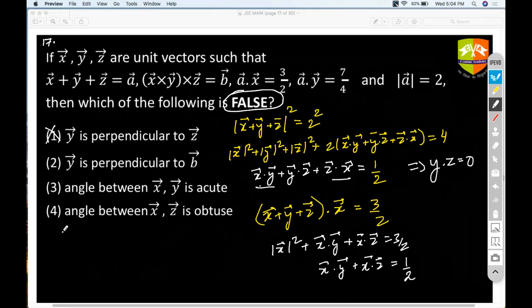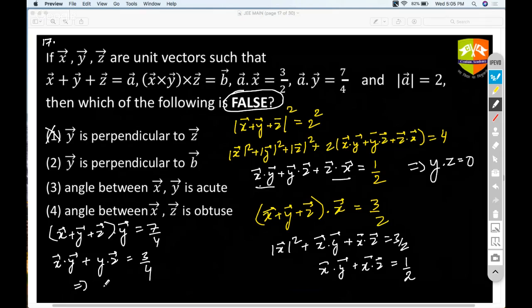In a similar way, I know that a dot y is equal to 7 by 4. So if I take the dot product with y, I should get 7 by 4. That means x dot y plus y dot z is equal to 3 by 4. So we already know x dot y plus y dot z plus z dot x is equal to half.